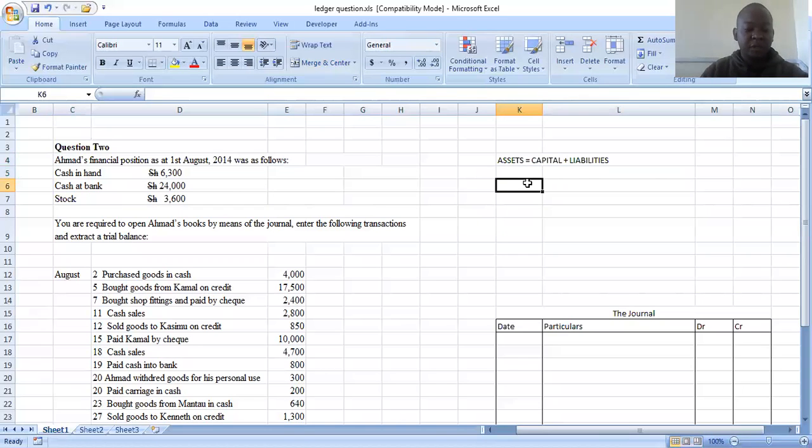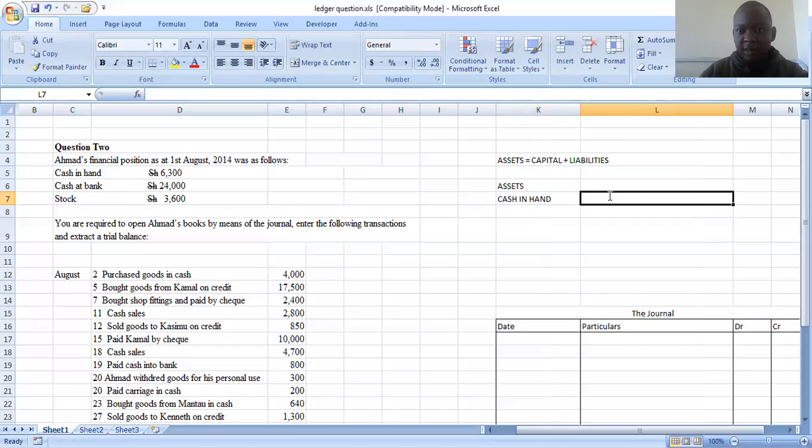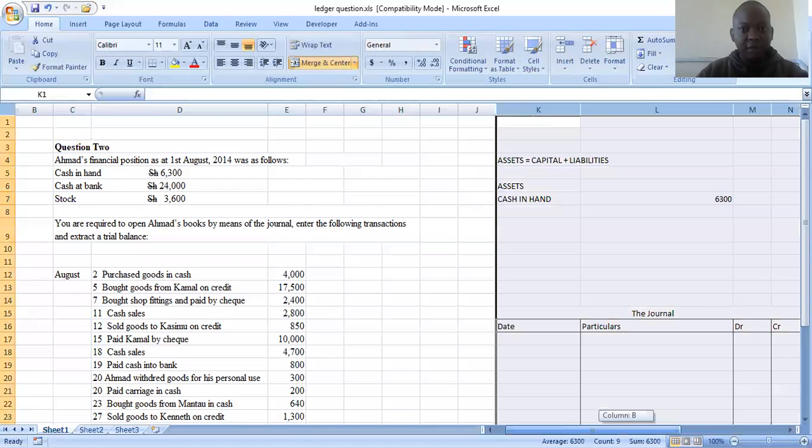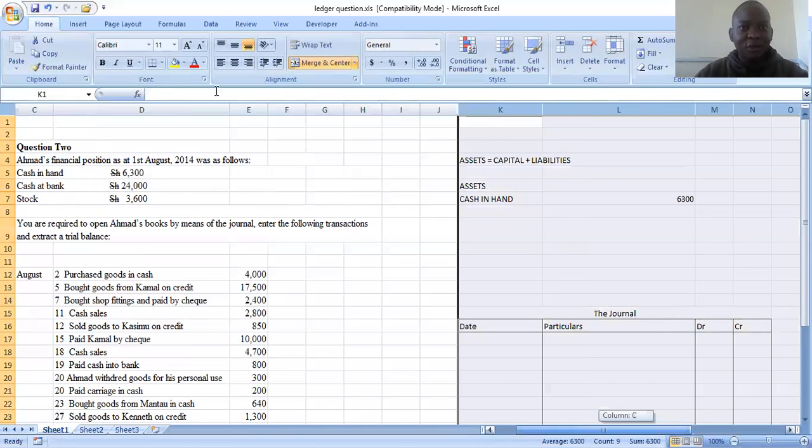The assets we have are cash in hand, which is 6,300. So please bear with me, this needs a lot of technical detail.